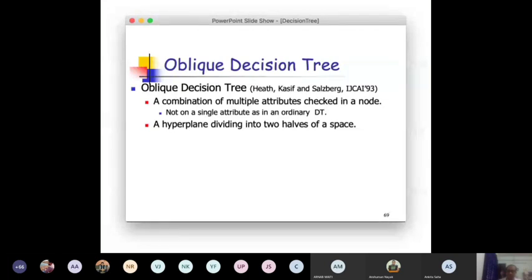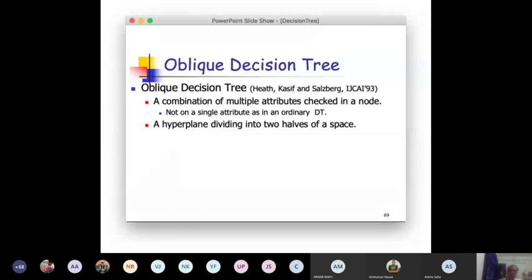A hyperplane can be represented by an equation. We have already mentioned this earlier, that a hyperplane is nothing but a linear combination of those attribute variables plus a constant term equal to 0. So that is the definition of a hyperplane.